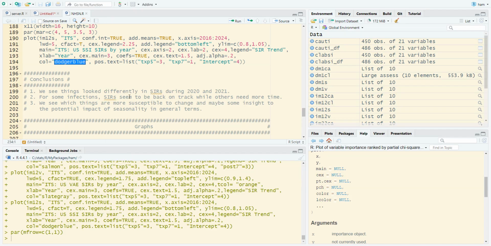We see things look different in SIRs during 2020 and 2021. For some infections, SIRs seem to be back on track, like CAUTIs, while others need more time, like VAEs. We see which things are most susceptible to change, and maybe some insight into the potential impact of seasonality in general terms.